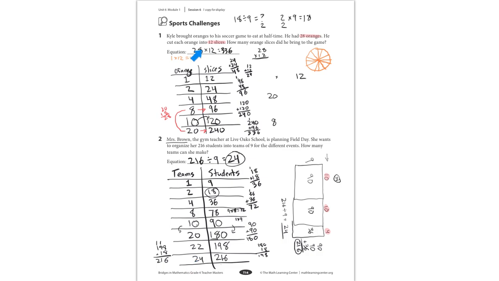In problem 1, we multiplied to figure out a larger answer, and then we multiplied and made our ratio table here, focusing on the right side, the larger numbers, to divide them to make a smaller number. So using a ratio table, you can do multiplication or division problems, and you can represent them using an open array to double check your work.